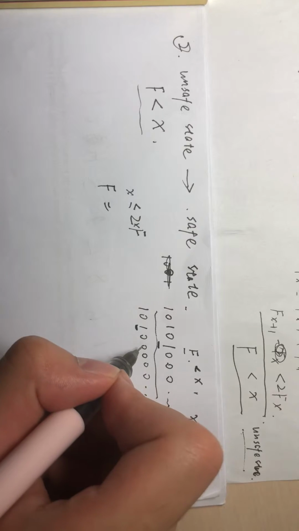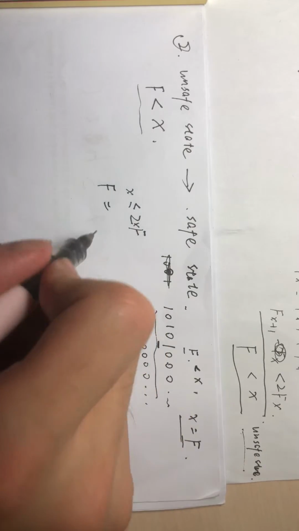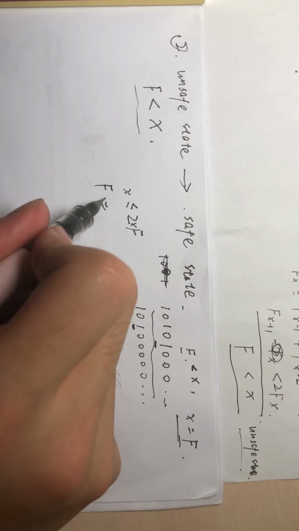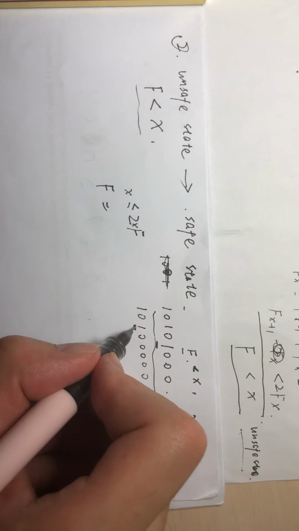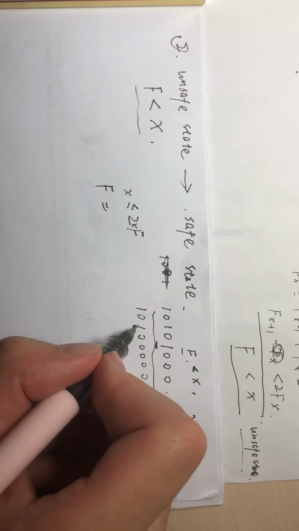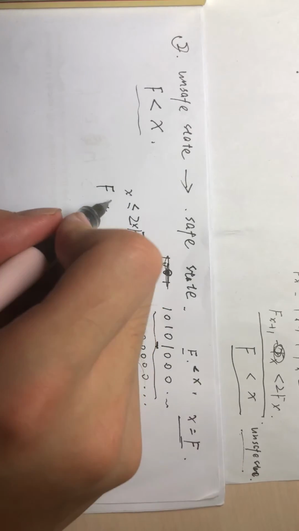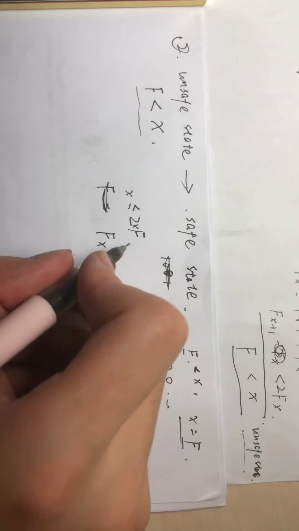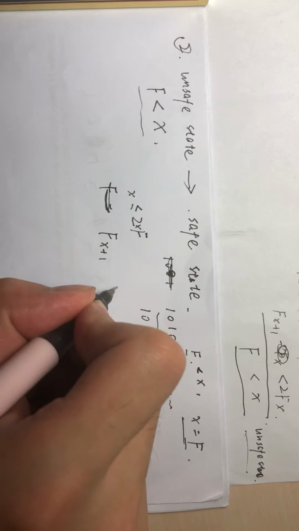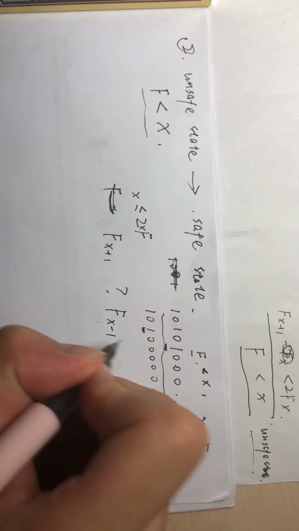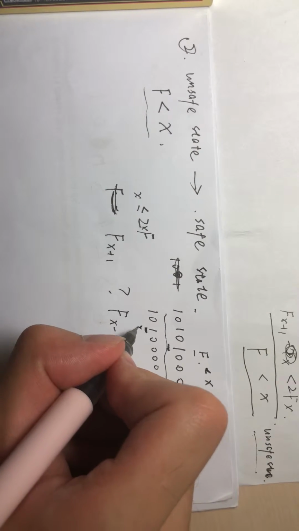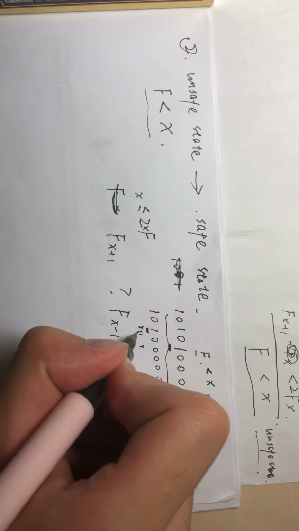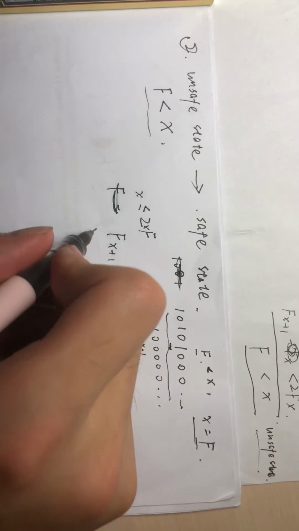So this time we need to judge the relation between this one and this one. So we need to judge the relation between fx plus 1 and fx minus 1. We suppose this position is s plus 1, this is x minus 1.